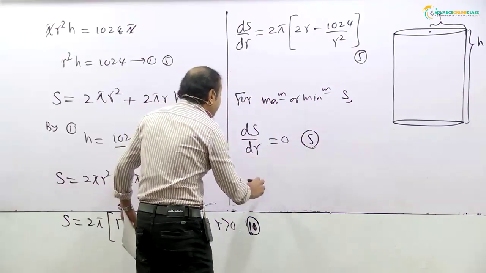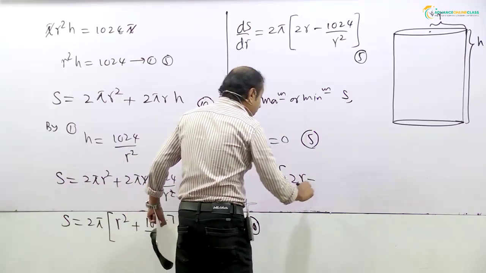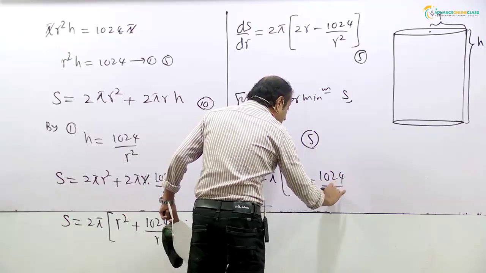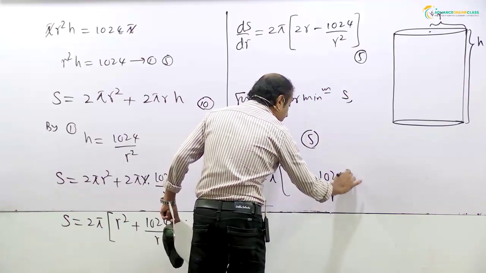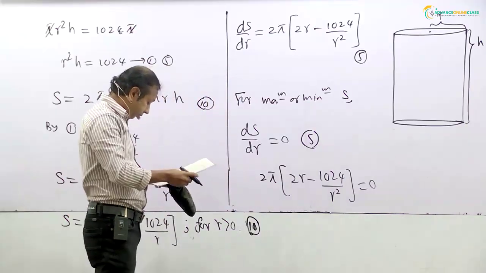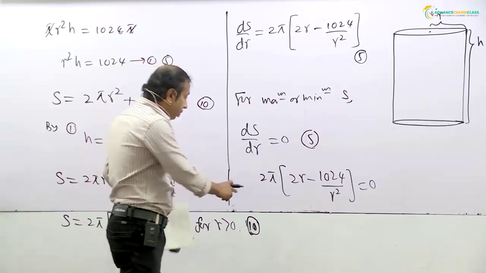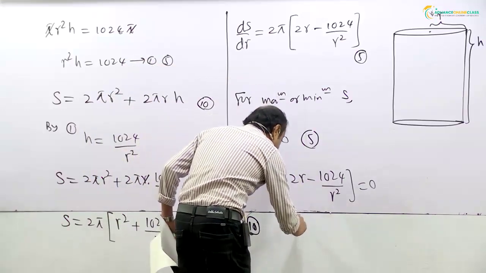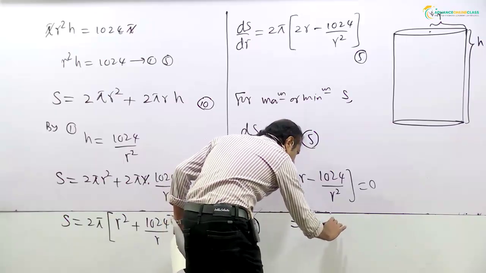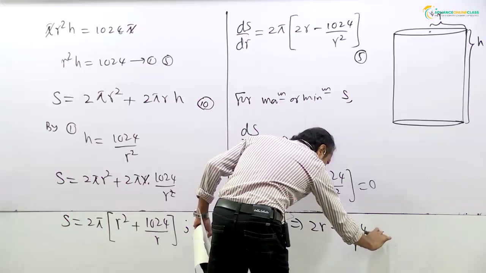Then put here 2 pi times 2r minus 1024 divided by r squared equals 0. You know 2 pi is not 0, no? This should be equal to 0. This gives us 2r minus 1024 over r squared equals 0.